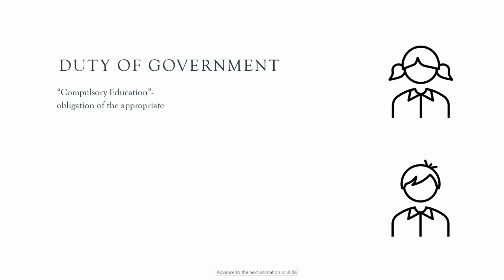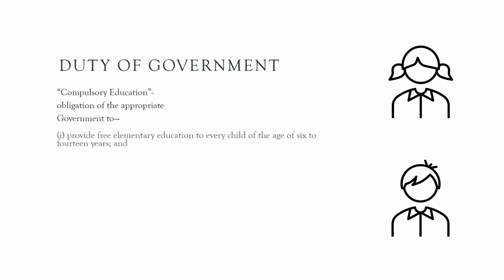Even the government is striving to see how they can accomplish this act. And as citizens, I think we also have a duty to see how we can bring innovative ways and means to encourage children or encourage parents to ensure that elementary education is given. So it's an obligation for the government to do what?